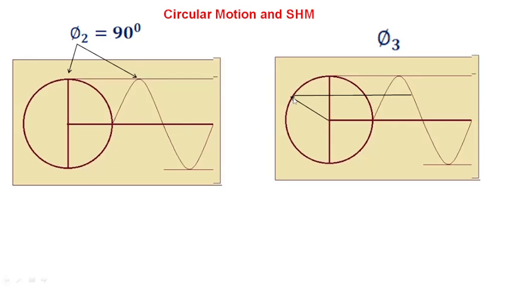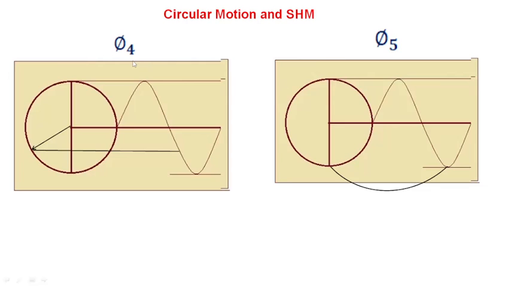So phi 3 is an angle made here, and another position in the sinusoidal waveform shown in the diagram is at this point. So this is the equivalence corresponding to the simple harmonic motion with the circular motion. Another angle is phi 4. See here, this angle and the corresponding motion here.